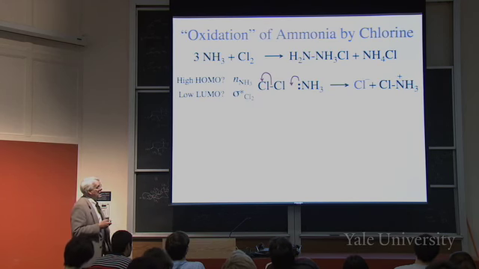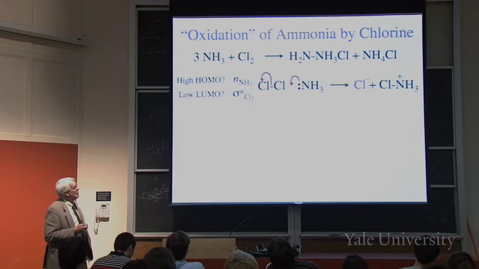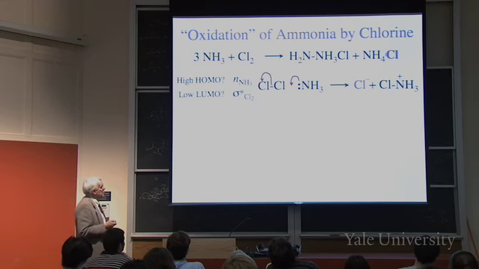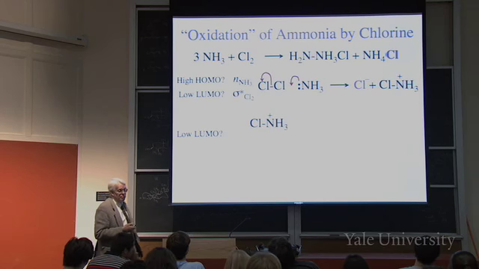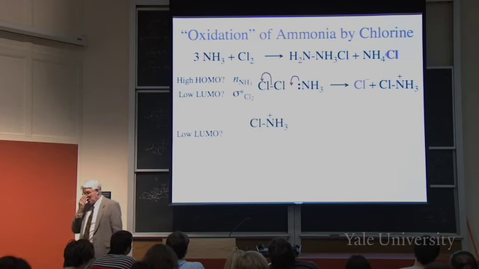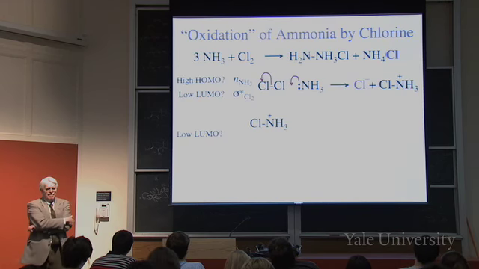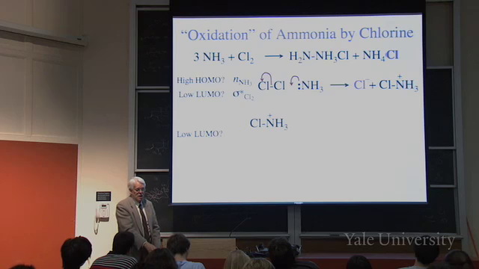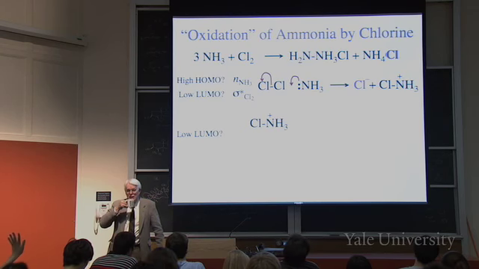Okay, and now we have one of the products, the chloride up above. But we also have this molecule. Now it has a low LUMO, so it's reactive. What is the low LUMO? Yunju?